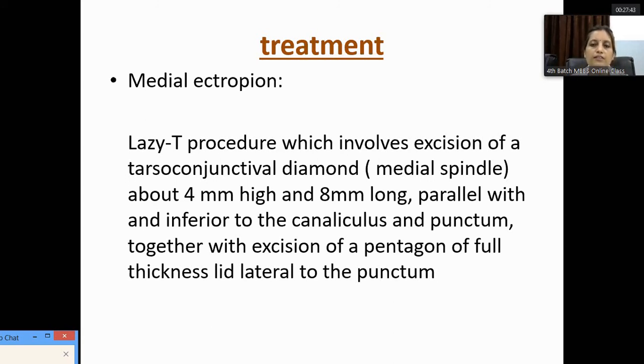We have a Castroviejo caliper instrument where we can measure, parallel with the inferior canaliculus and punctum, together with excision of a pentagon of full thickness lid lateral to the punctum. Without disturbing the drainage system lateral to it, we excise in a diamond-shaped manner and put sutures, in case of medial ectropion.